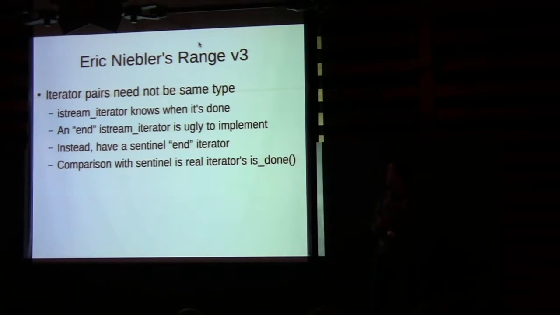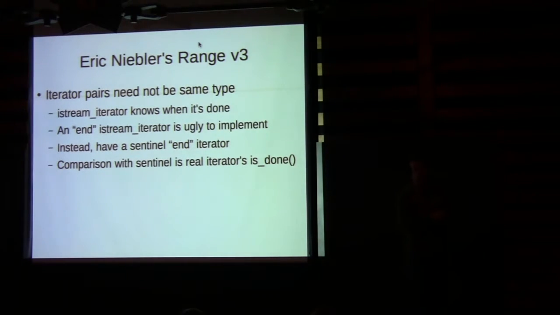So, what does that mean? If you take the standard library's istream iterator, that iterator has a reference to the underlying stream. That stream knows when it's empty. Therefore, the one iterator knows when it's empty. What's the point of having an end iterator that says, here is where the range ends? That's not meaningful, and because it's not meaningful, it's ugly to implement.